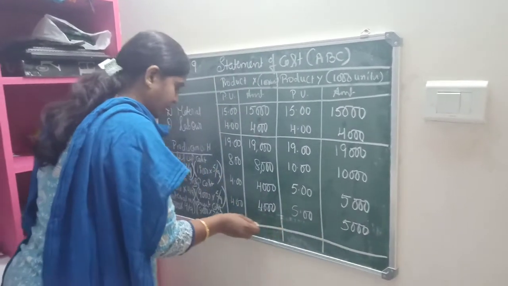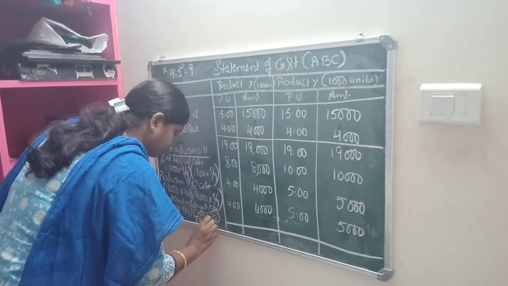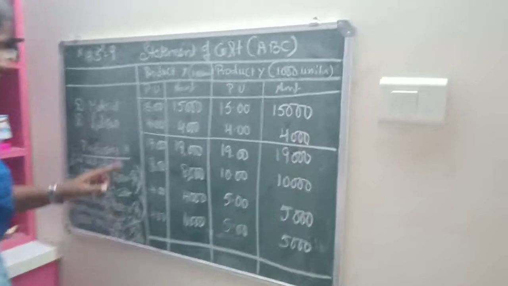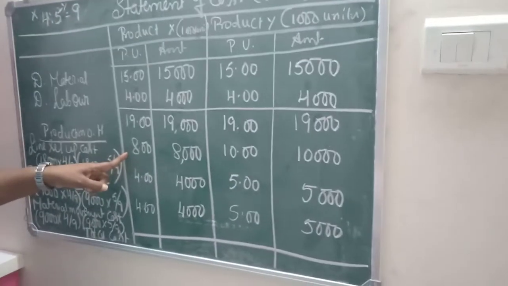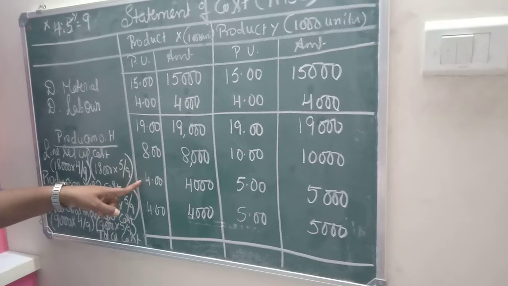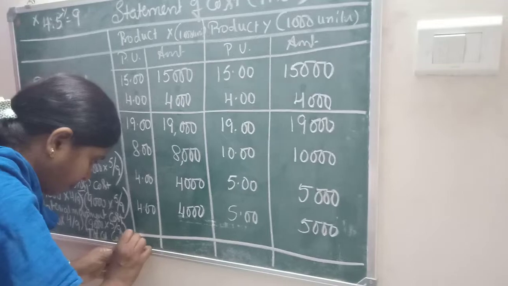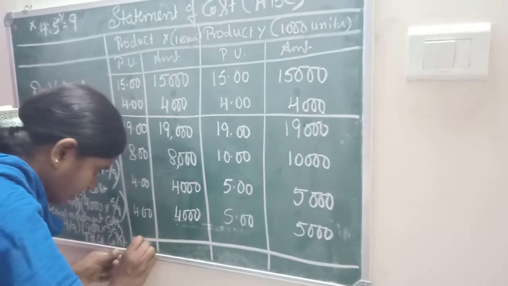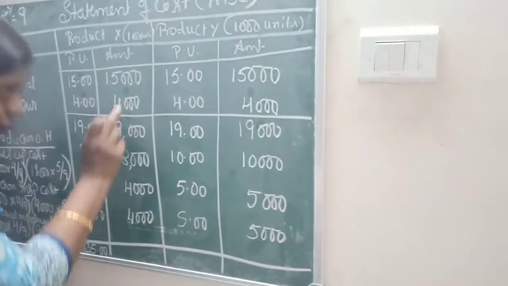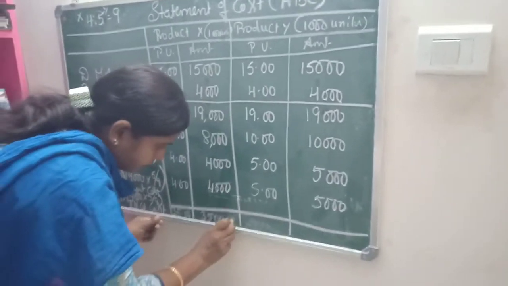Therefore, you total it to get the total cost. Here 19 rupees plus 8 rupees is 27, 27 plus 4 is 31, 31 plus 4 is 35 rupees. If you total the amount, you get 35,000.